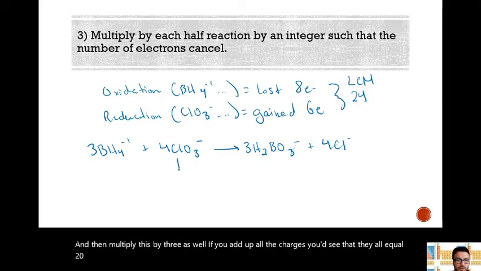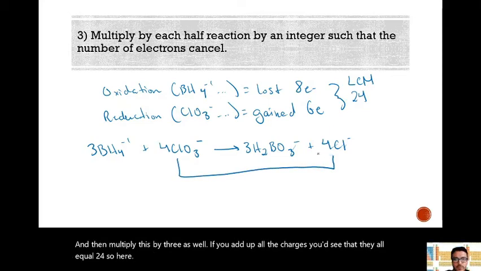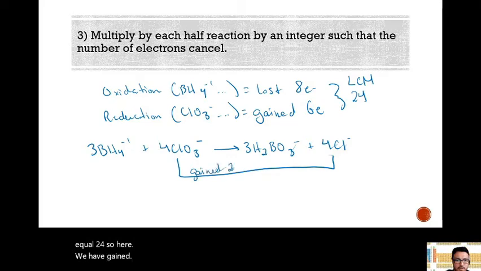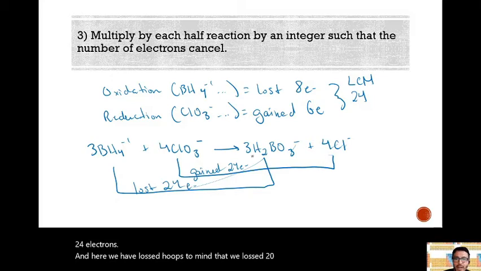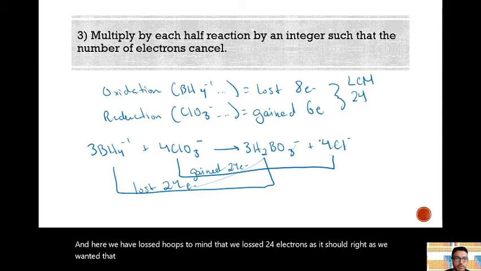So here we have gained 24 electrons, and here we have lost 24 electrons. As it should, right? As we wanted that to match, and they have, so we're good with that.